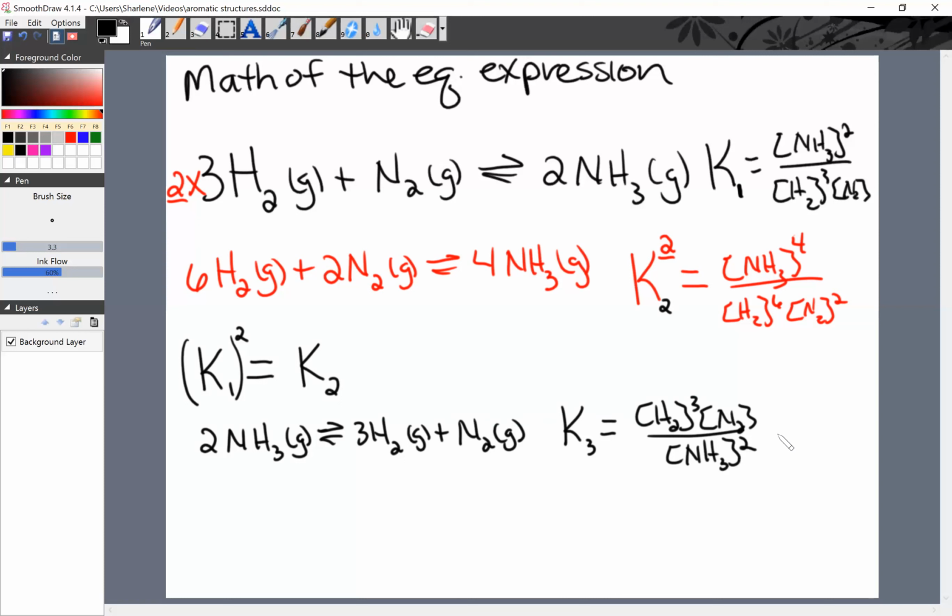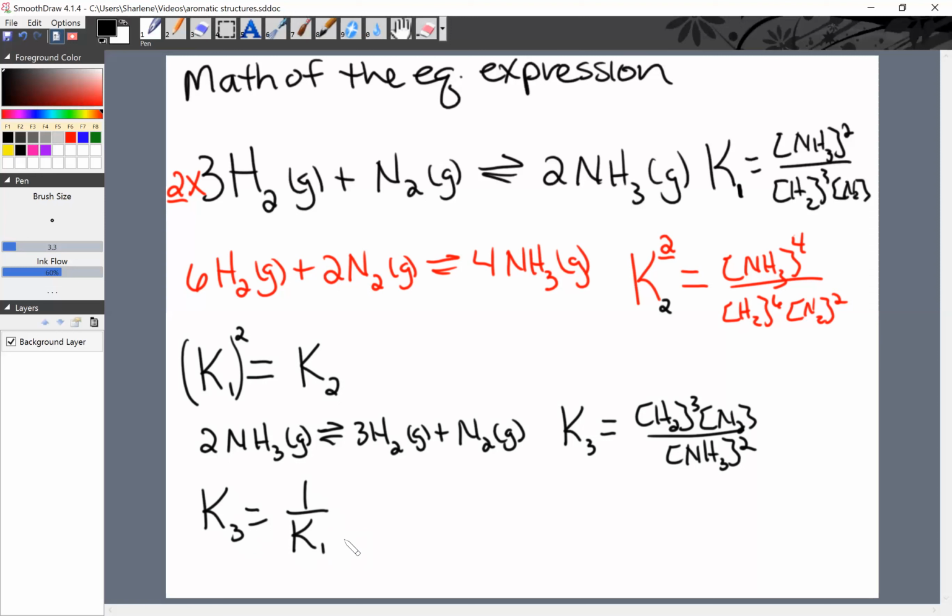Okay, now K3 is its own entity, but I want to know, how is K3 related to K1? So K3 is really the inverse of K1. So I can call it something new, but what is its value? If I have the value of K1, then I would play with it.